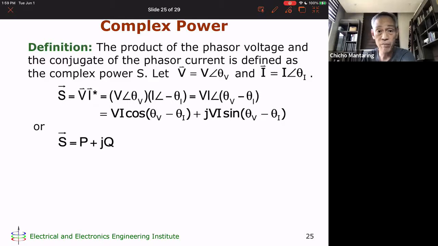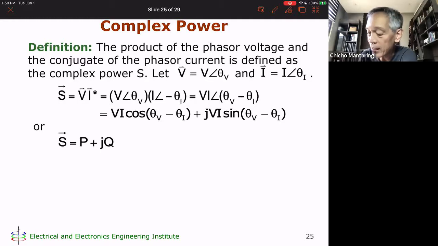Okay. This is where it gets a little bit misleading. We put an arrow here to indicate that this is a complex number, but this is not actually a phasor. This is just a complex number. We're just putting this arrow to differentiate it from apparent power.